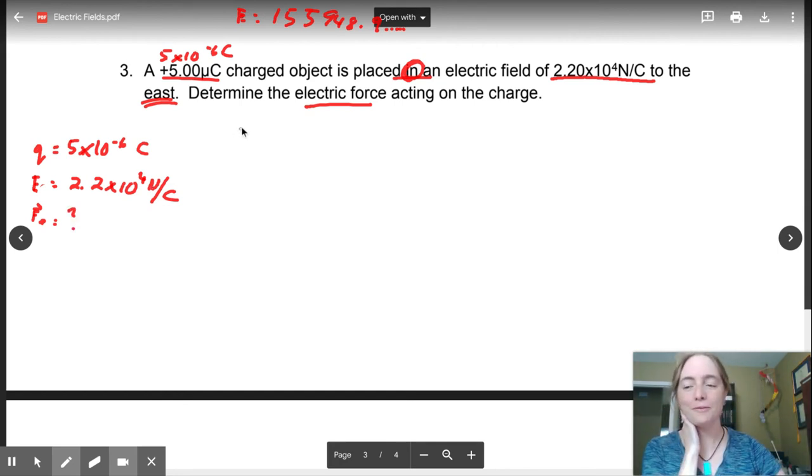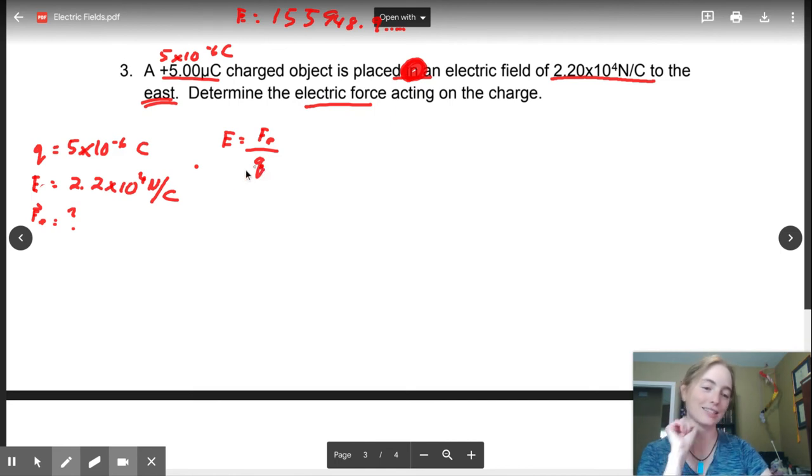Okay, so looking at our values, well, guess what equation we can use? E is equal to Fe over Q. Now remember that this Q here is the charged object in the electric field. We can use this equation because Q here is in the field, and it says that specifically in the question. All right? Okay.